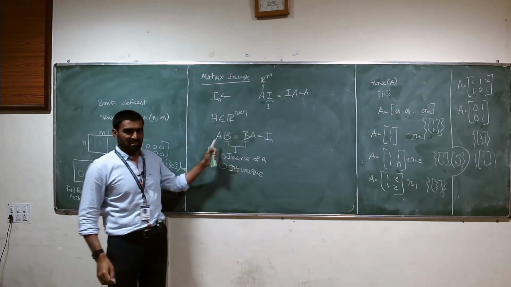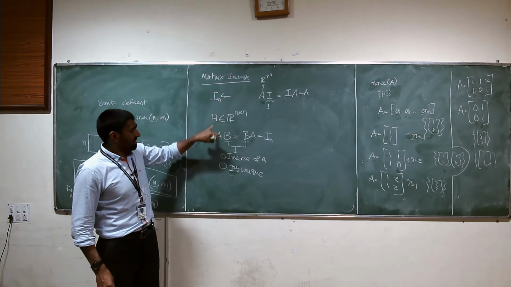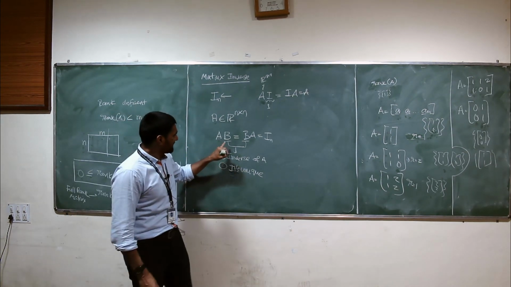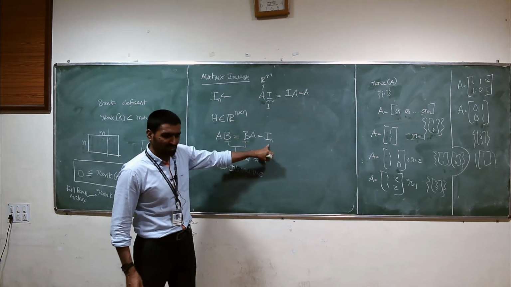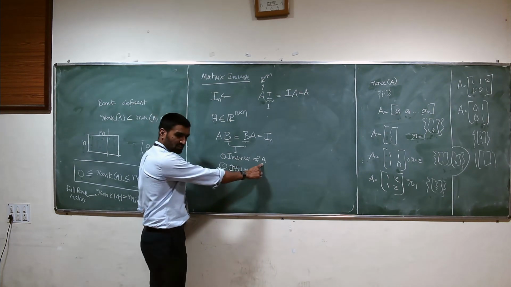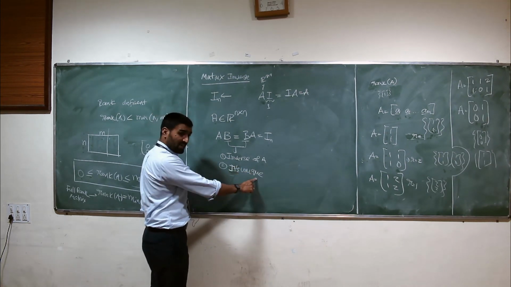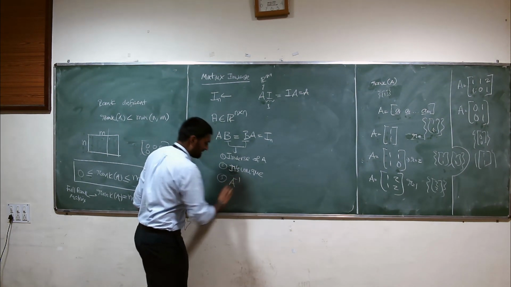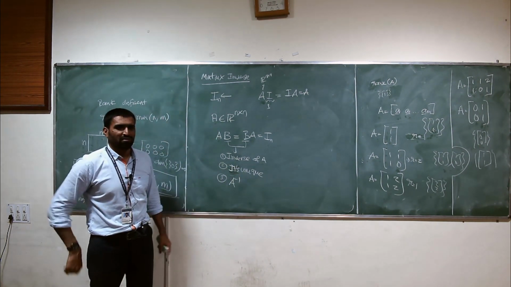There is only one B that satisfies this. A is an n cross n matrix, and if there is a matrix B that satisfies this property, it's called the inverse of A. This is represented by A to the power minus 1.